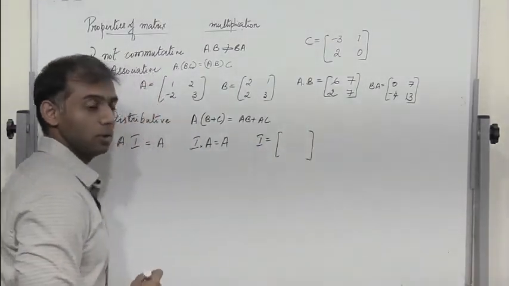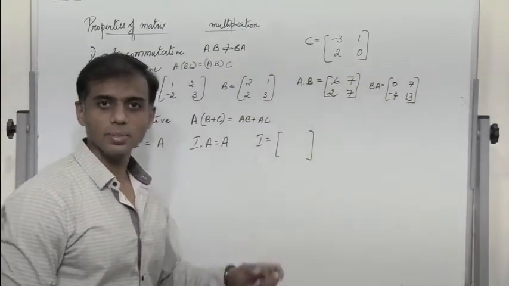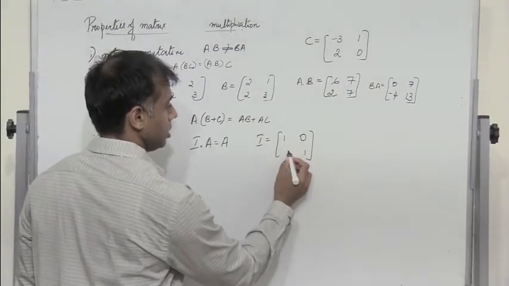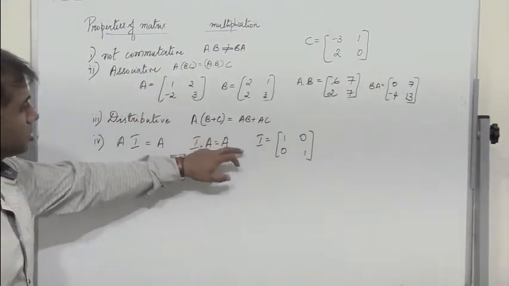What is identity or unit matrix? It is a diagonal matrix where the elements along the principal diagonal are 1 and the others are 0. Right?